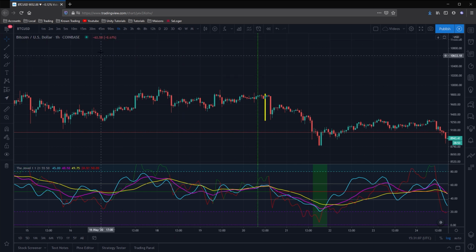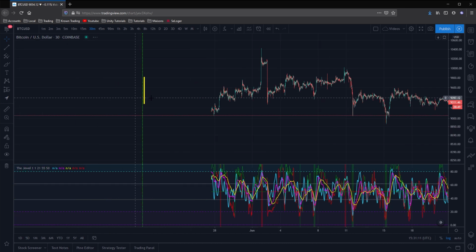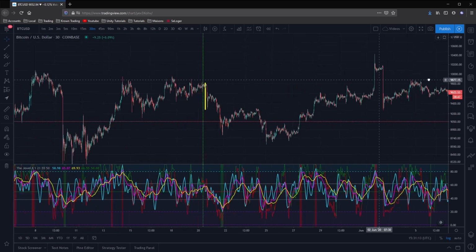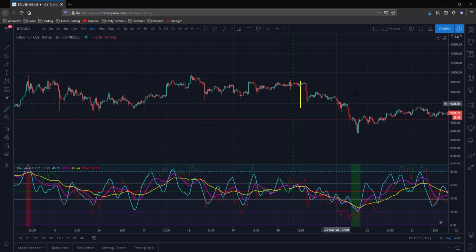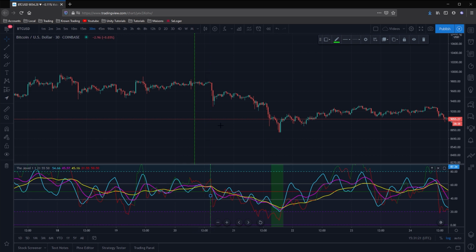If you switch down to the 30-minute, you get your sell signal over there. Exactly, a picture perfect sell one.